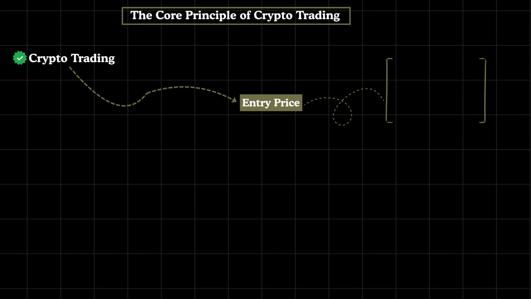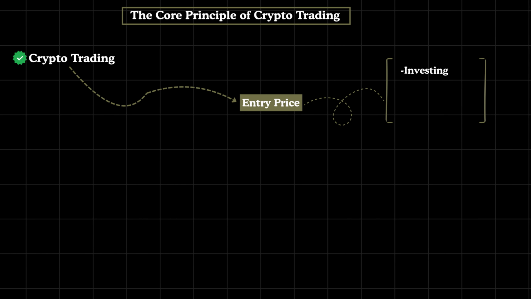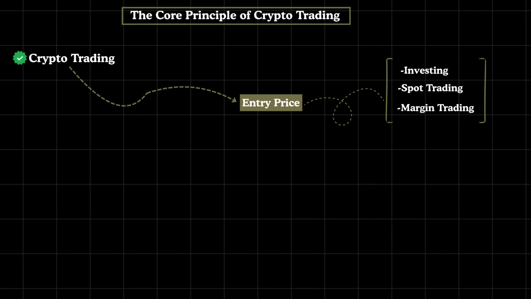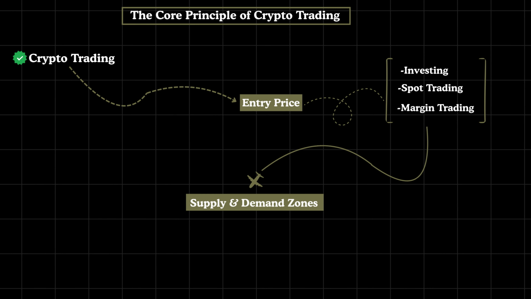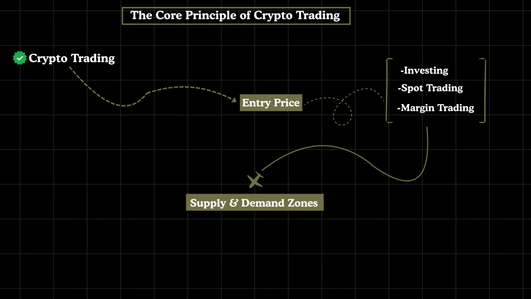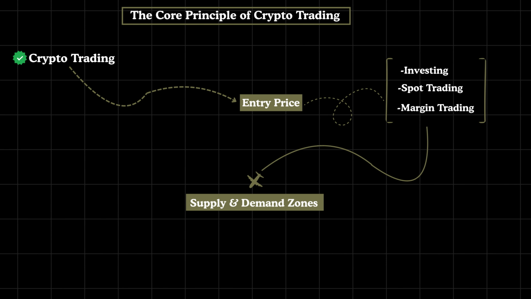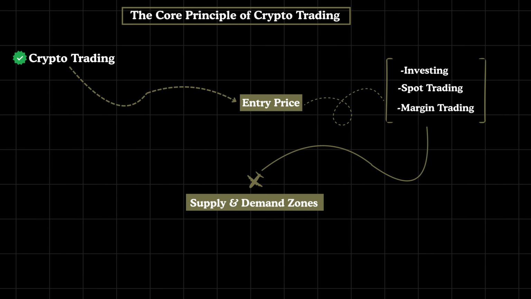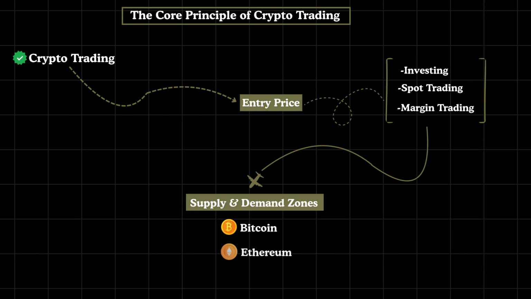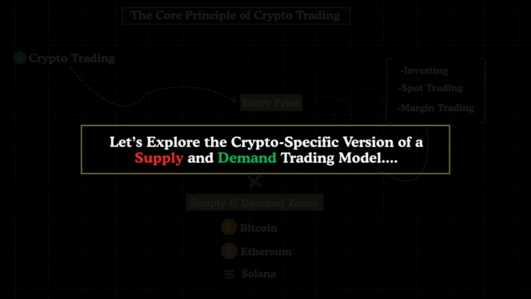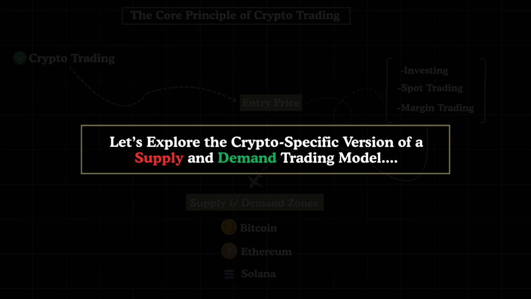It doesn't matter if you're buying for long-term holding, trading spot, or even using margin with leverage, your entry price will always be the game changer. This is where supply and demand zones come into play. They work exceptionally well in the crypto market and provide high-quality opportunities, especially in highly liquid coins like Bitcoin, Ethereum, and Solana. So, let's explore the crypto-specific version of a supply and demand trading model.